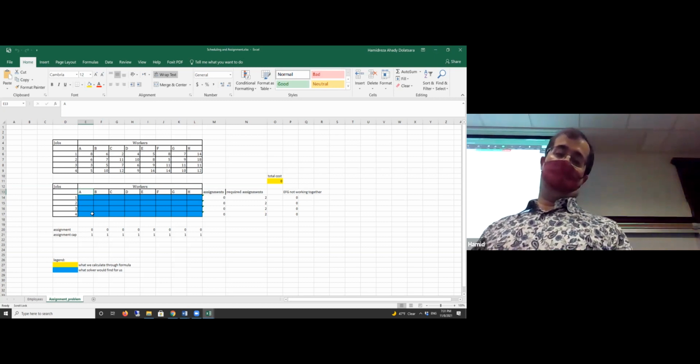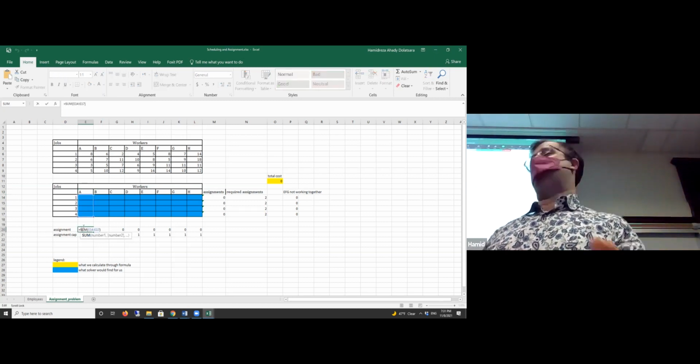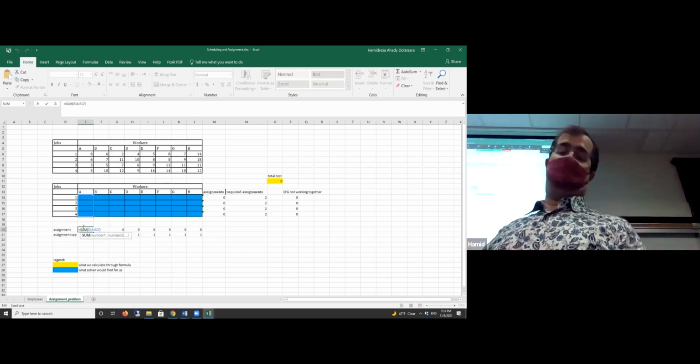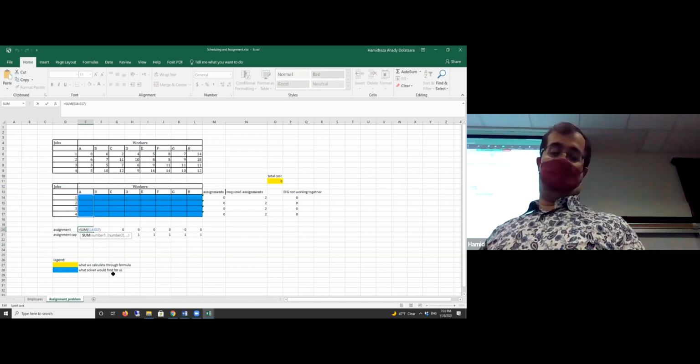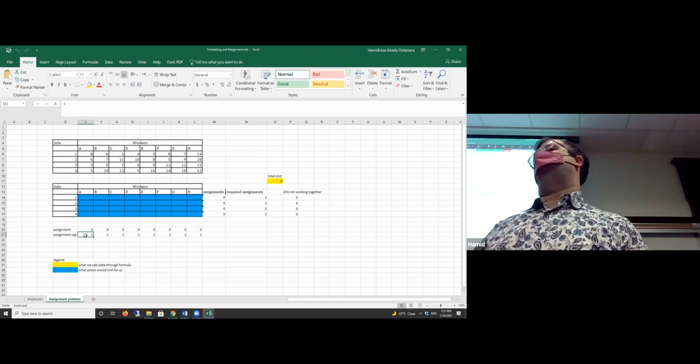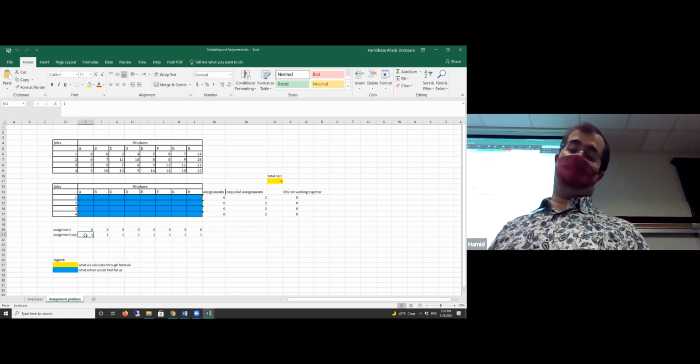This cell is just the summation of all of those blue cells, and you then compare this summation with 1. You should be sure that summation won't be more than 1. If it's more than 1, it means you assigned one worker to 2 different jobs.